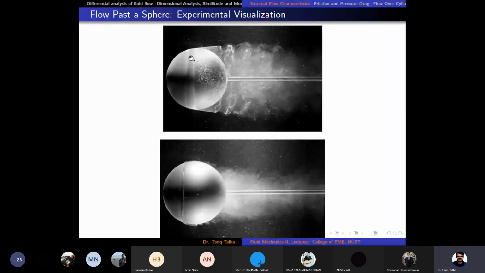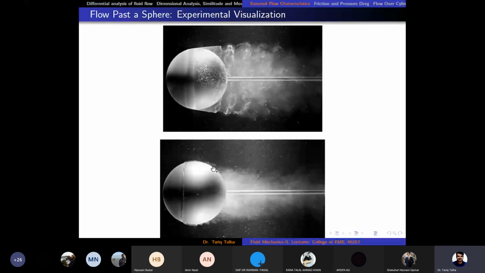But when we have a turbulent boundary layer, then the flow separation occurs here at theta equal to 140 degrees, when theta is measured from this axis anti-clockwise. So you can see flow separation is delayed.